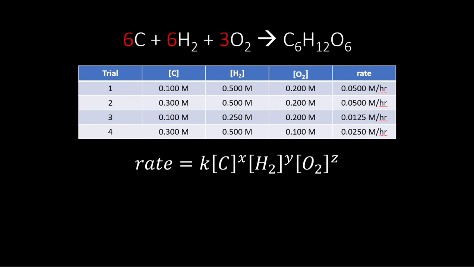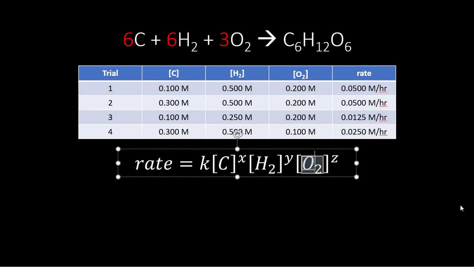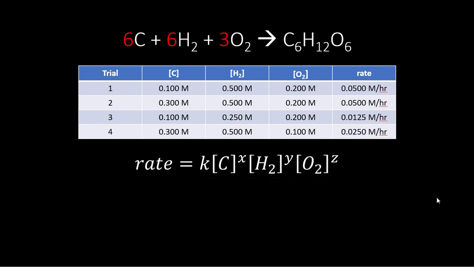Now, for each trial, there's going to be a rate for that specific trial at the very beginning of all those reactants coming together. In this case, we have a reaction that has 3 different reactants. Therefore, our rate law has to take into account each of those reactants, which in this case would be carbon, or molecular hydrogen and molecular oxygen. And each of those are raised to some exponent.